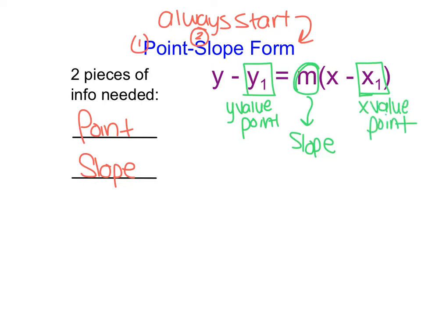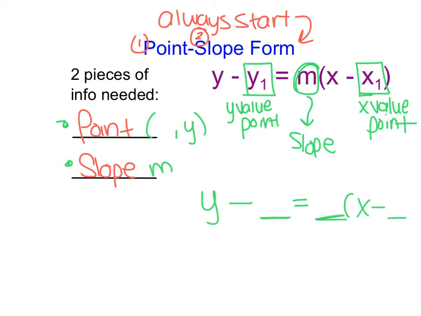So if we have a point and a slope, all we're going to do is write y minus whatever the y value of our point is, equal to our slope m, which is right here. Then in parentheses, x minus the x coordinate of our point. So we're going to be substituting in three different values when writing an equation in point-slope form.